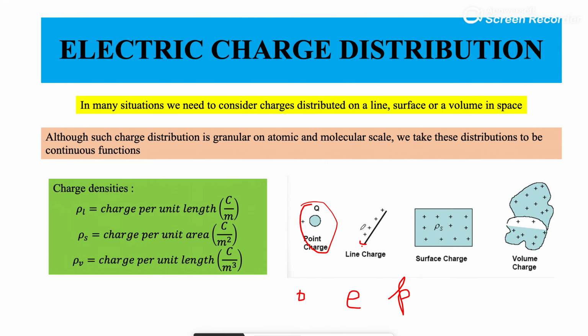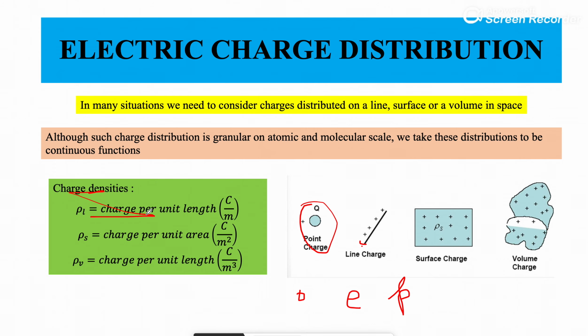But the important point is that I can take this line charge and ask how many charges there are per unit length. The total charge can be obtained by looking at the distribution and integrating it over the entire line.